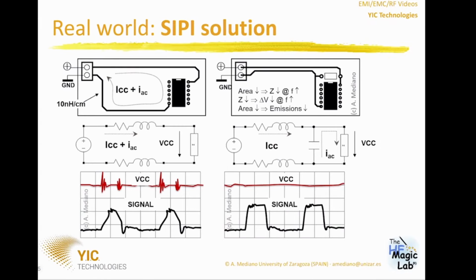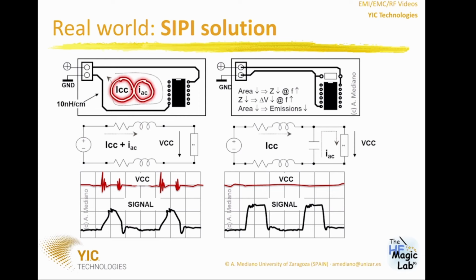In a real circuit, the connection between the power supply system and the integrated circuit is made by, I don't know, traces, cables, wires, any kind of metallic connection. And in these wires, you have a current. It's the current that the integrated circuit needs to work. You have some kind of perhaps DC component, and you have some kind of AC component.